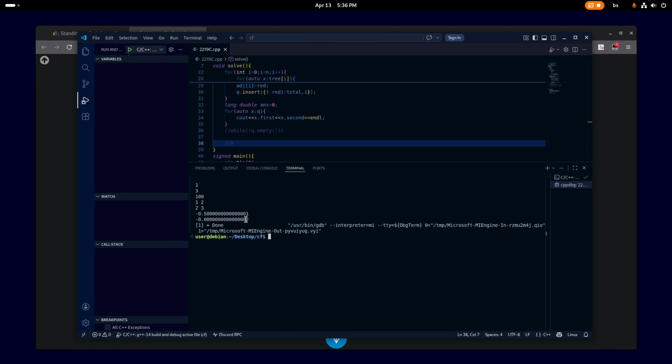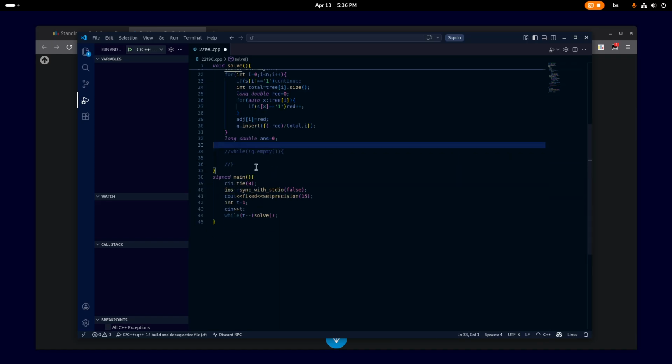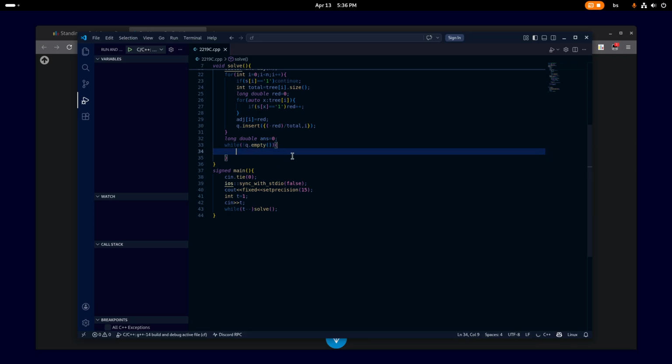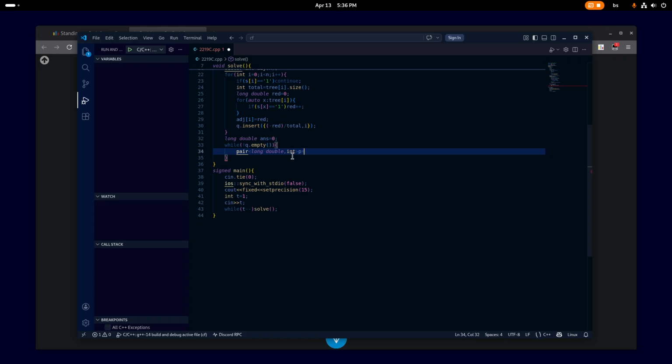Yeah, okay, so the largest one is on the front, which is what I wanted.